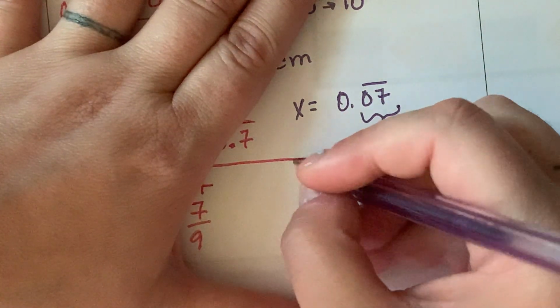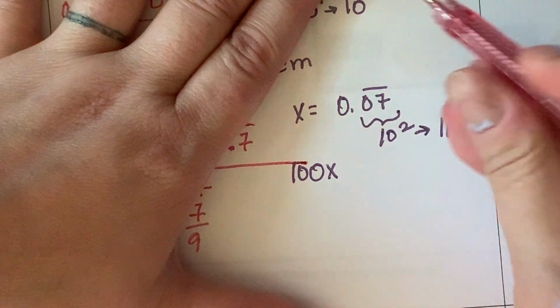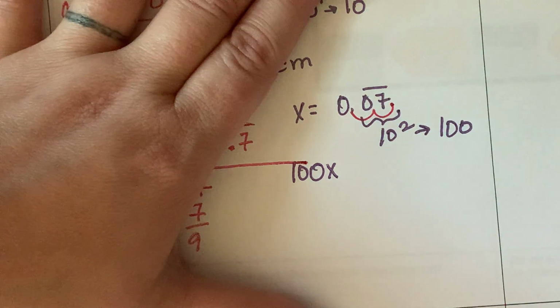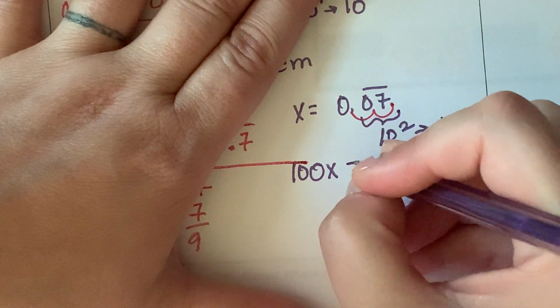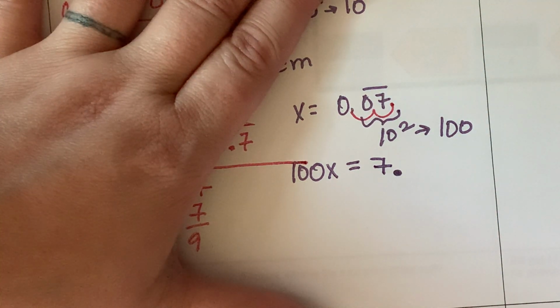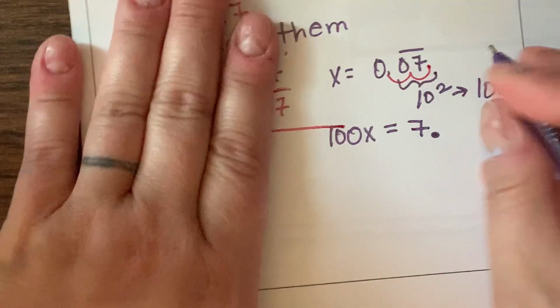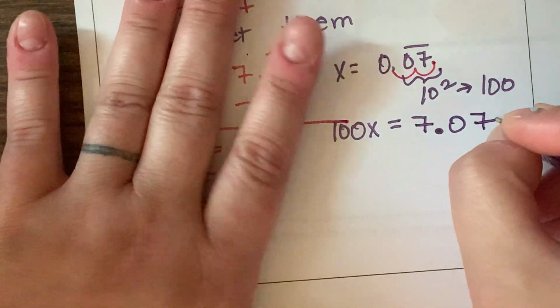So if I multiply both of these by 100, we get 100x. And then on the right, the decimal moves twice to the right. So we get 7 with a new decimal, but then don't forget that 07 repeats over and over and over.